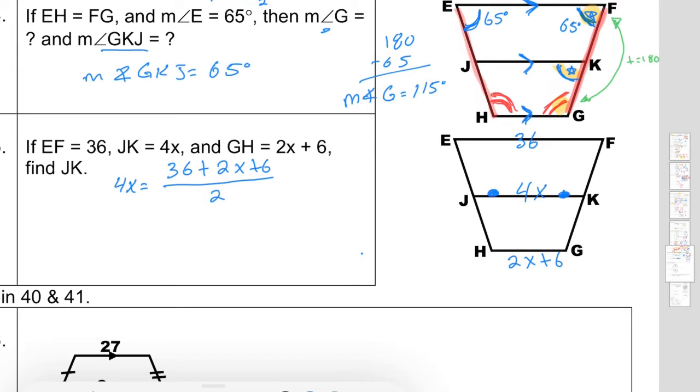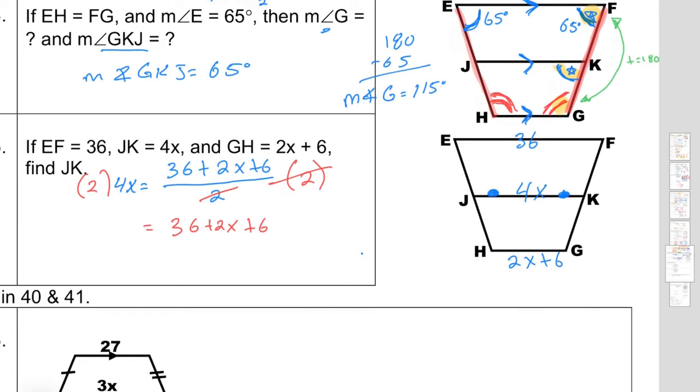And so because I want to get rid of the fraction, in order to get rid of any fraction, you multiply by whatever's at the denominator, and you do that to both sides. So because 2 is at the denominator, I multiply this side by 2, and what I do to one side, I have to do to the other side. So when I multiply by 2, on the right side, the 2's go away, and I am left with 36 plus 2x plus 6.